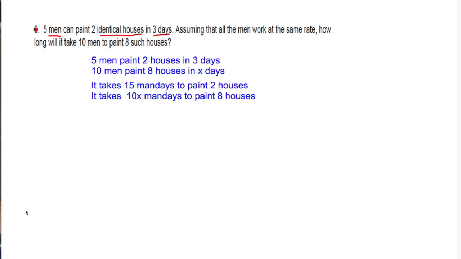And for direct proportion, we form the ratio 15 over 10x equals 2 over 8. And solving this, we have 20x equals 120, and x is equal to 6.